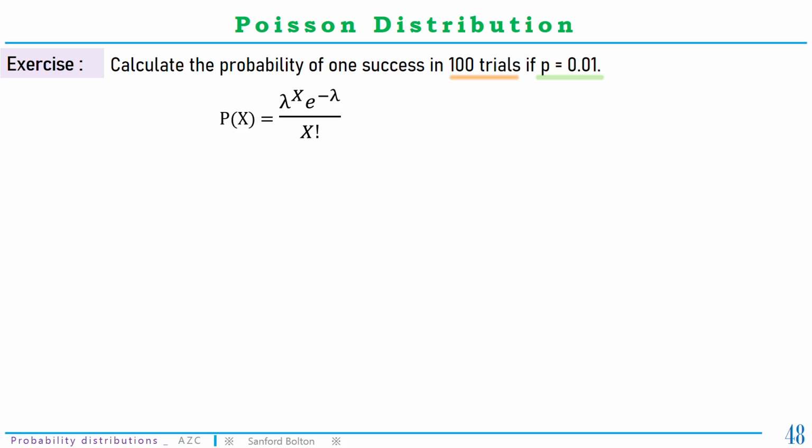Thus, the Poisson process can be used. Let's first calculate lambda, that is, the number of observations into probability: 100 into 0.01. So, lambda is 1.